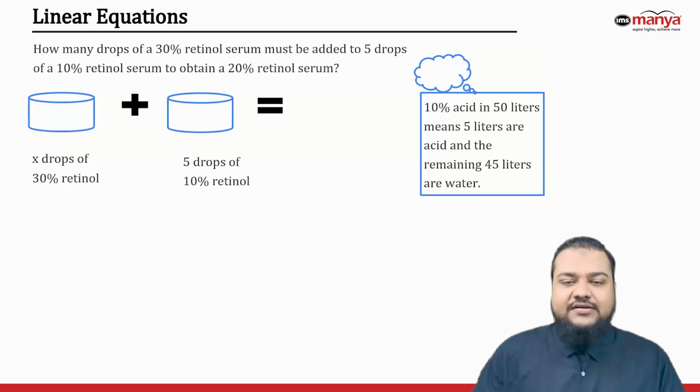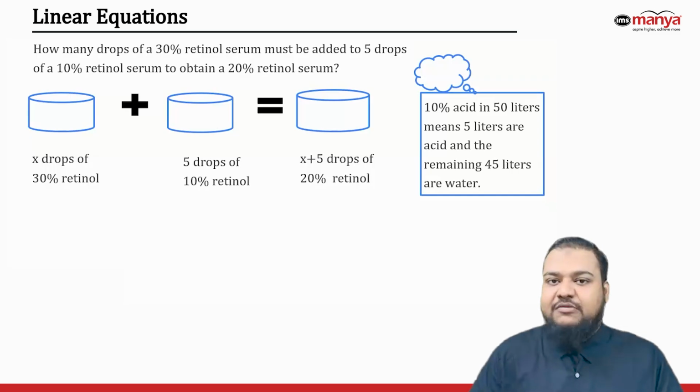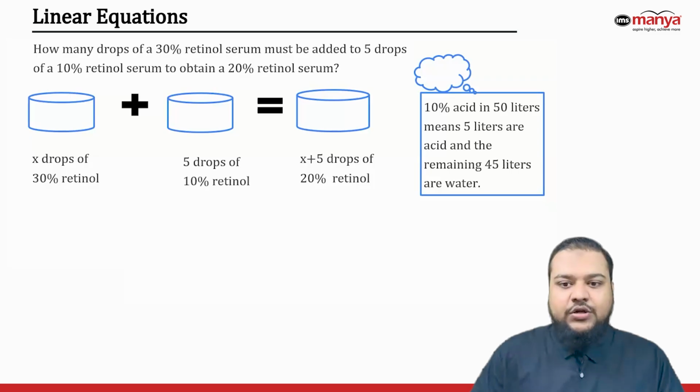And the plus sign denotes that we mix the components of both vessel A and B, and let's say we pour it into vessel C, which has the number of drops equal to the drops in vessel A plus the drops in vessel B, which is X plus 5. And the percentage of retinol now is 20%.